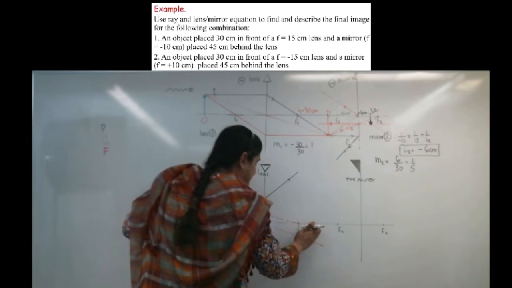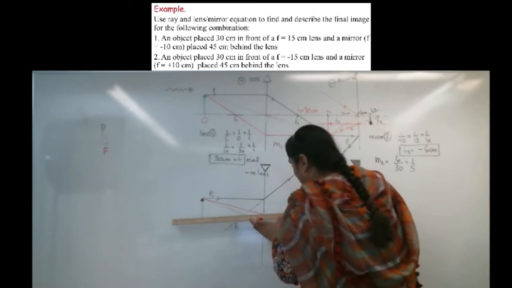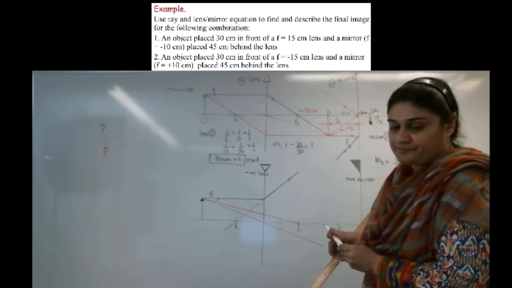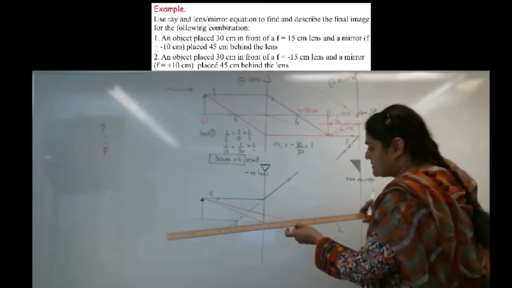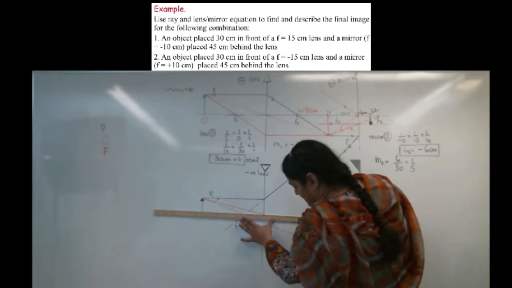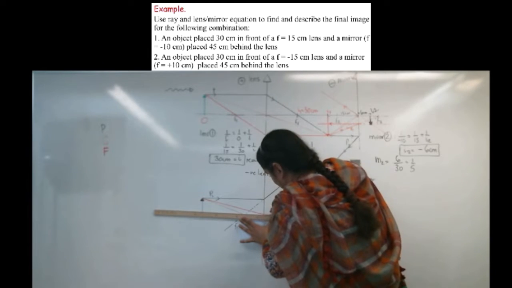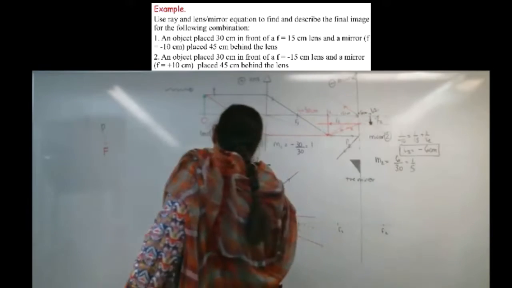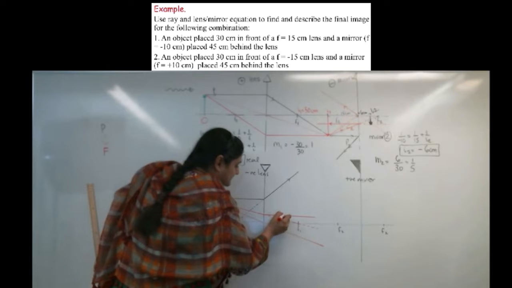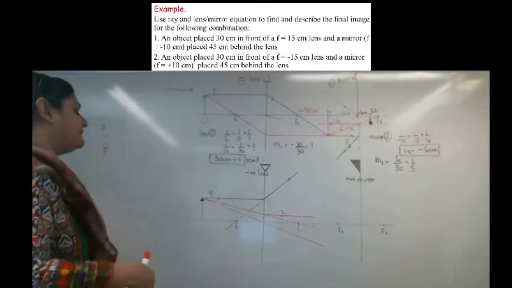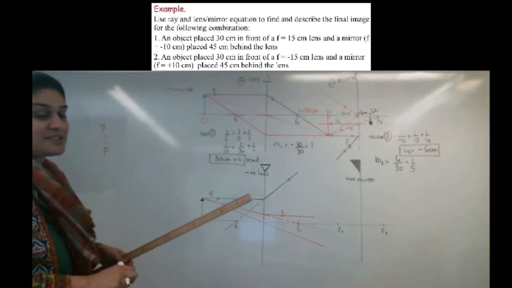And then after it passes through the negative lens, what is it supposed to do? It's supposed to go straight. Okay. So that is going to be my focal, F1.